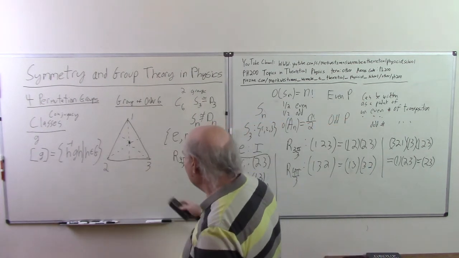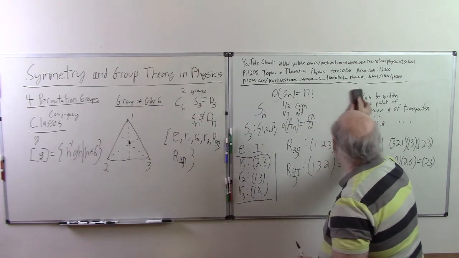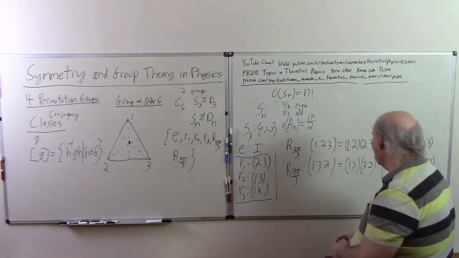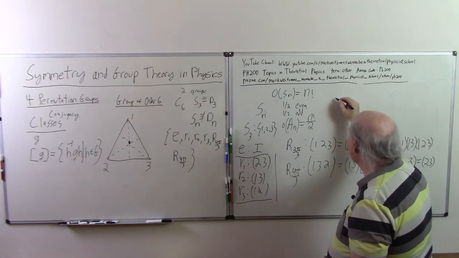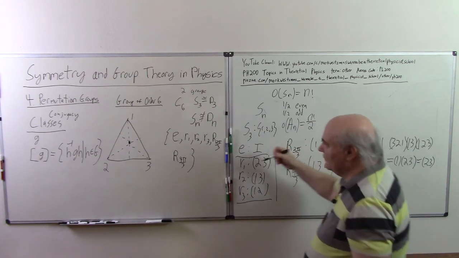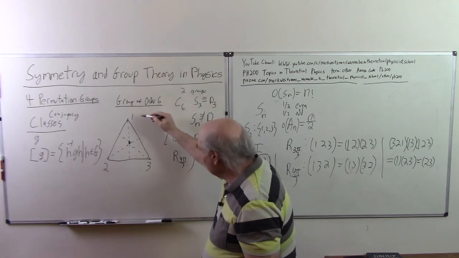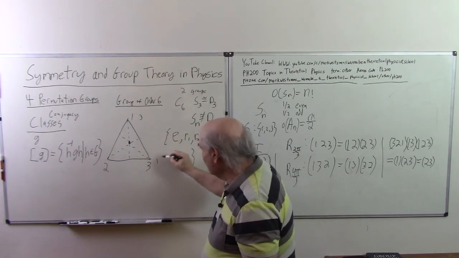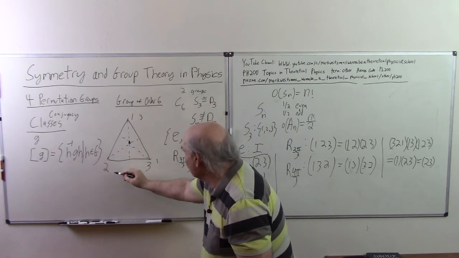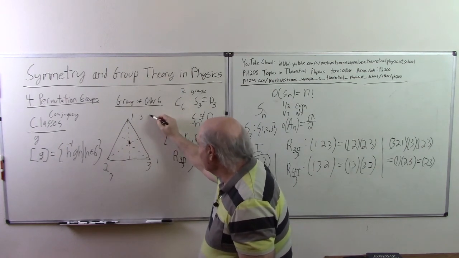This group is non-commutative. So let's do, I'm just going to take two, and we can see it's non-commutative. Let's say we do a reflection about the 2-axis, and this becomes 3, 1. And then if we reflect about the 3-axis, we now have 3 over here and 2 over there.